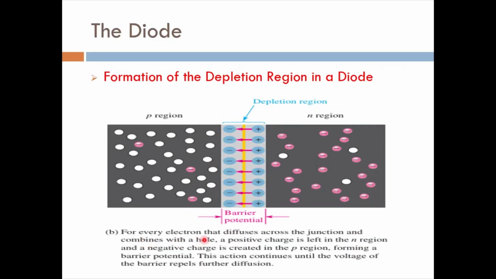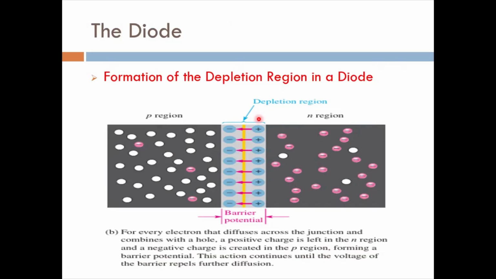For every electron that diffuses across the junction and combines with a hole, a positive charge is left in the N region because the electron has left the N region. So positive charge is on the N region side, and a negative charge is created in the P region because an electron has acquired this position, and this results in a barrier potential.